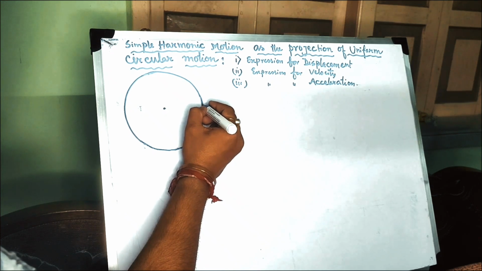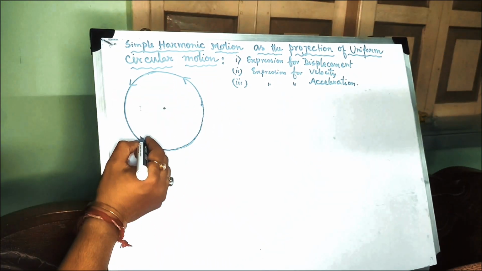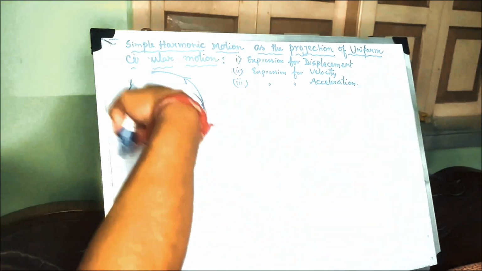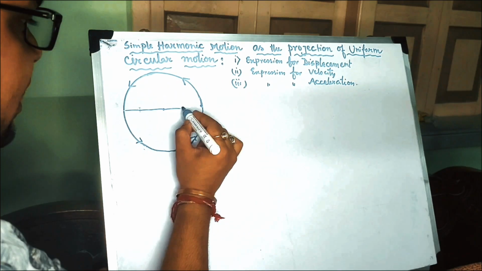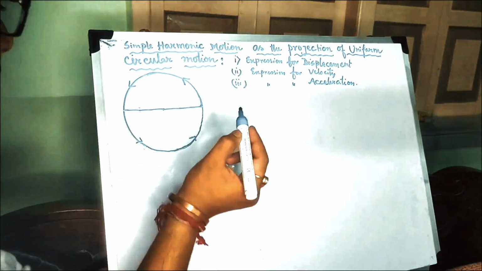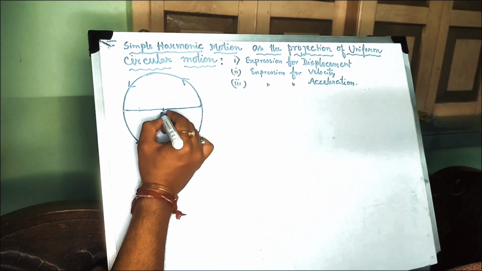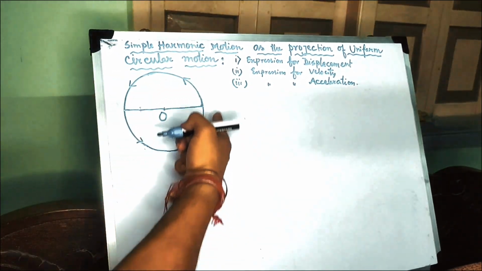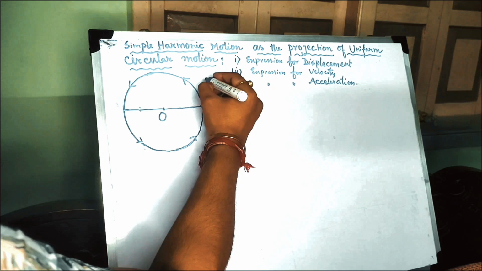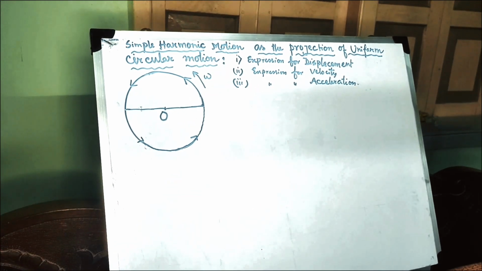Let's assume an object is revolving or rotating around a point with a uniform circular motion. If we draw the diameter of the circle, this is the center, I am taking as O. So let the particle or the object be rotating in a uniform circular motion with an angular velocity omega.